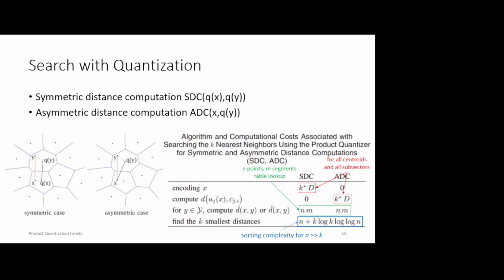It's a more efficient algorithm, with complexity N plus k log k, which is very fast when N is much greater than k. So that's a general analysis of the time complexity of SDC compared with ADC.